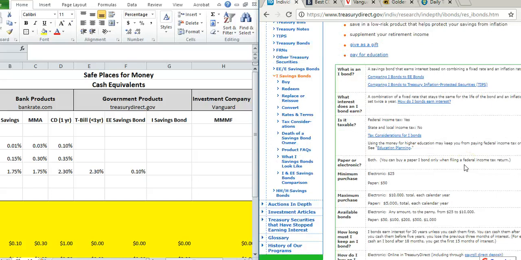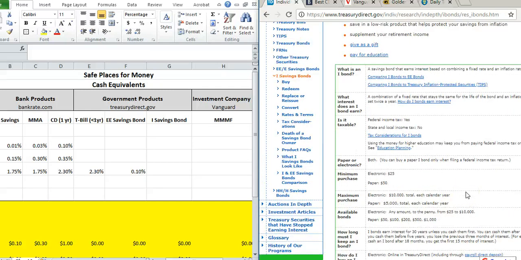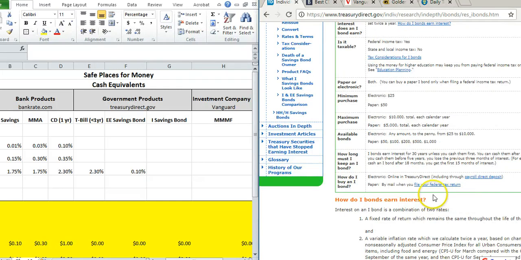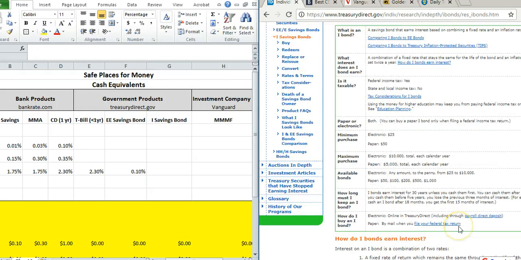I want you to know how I bond interest is calculated. It's a fixed interest rate plus an inflation adjustment, so that if inflation goes up, the amount of return on your I bond is going to go up. Again, you can't redeem those until after 1 year, and there are some restrictions. But this is where you would go to find Series I bonds.